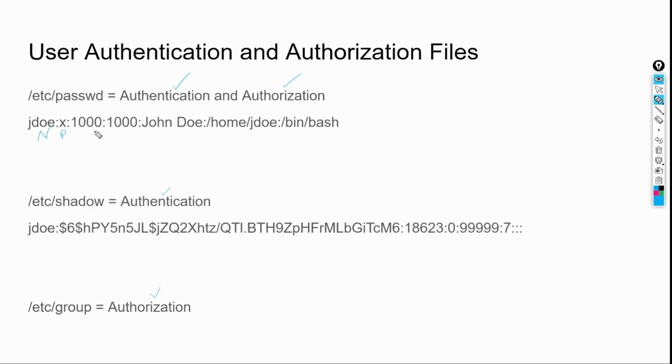The next set of colons, this 1000, is going to be your user ID field. The next 1000 again is going to be the user's group ID, the group that they're associated to. John Doe, that's going to be any comments entered by the person who created the user, the name, J Doe.